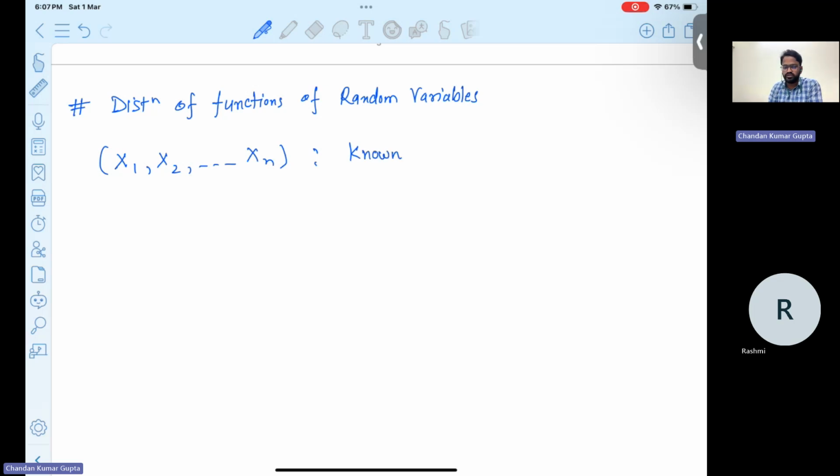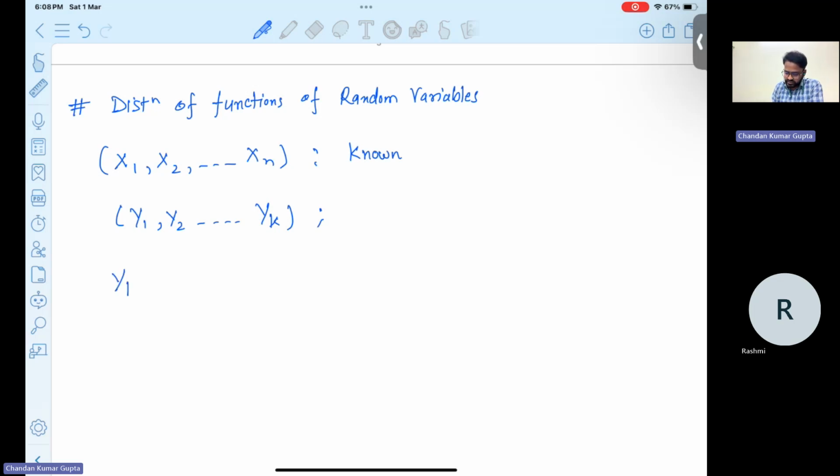These are known random variables, and we transform them into y1, y2 up to yk, the random variables we have considered. Our aim is where y is defined with respect to x only.